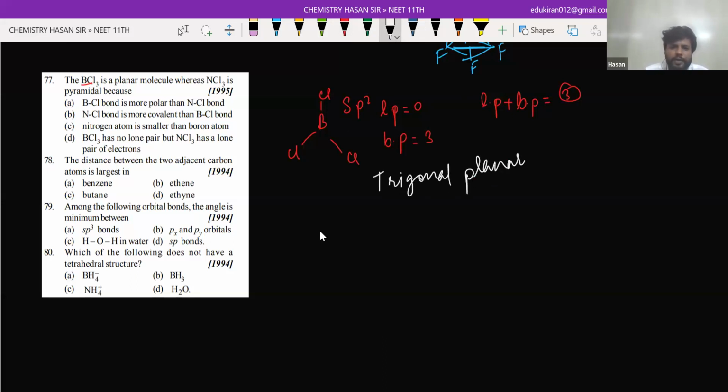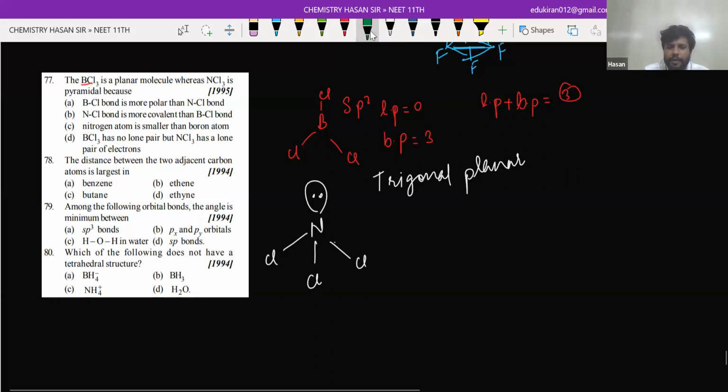Come to NCl3. Nitrogen is an element which belongs to the 15th group, 5 electrons in the outermost shell. Now lone pair here is equal to 1 and bond pair here is equal to 3. Lone pair plus bond pair will be equal to 4, that means hybridization will be sp3.